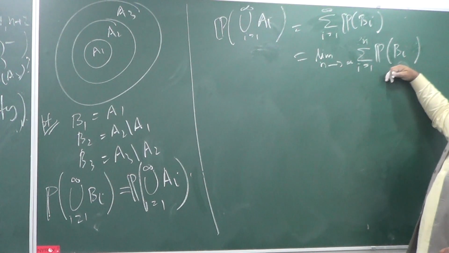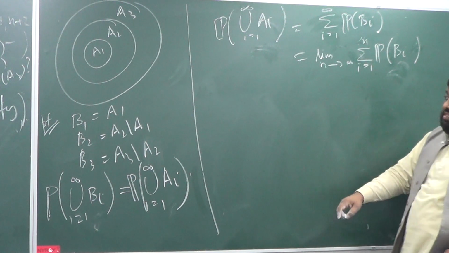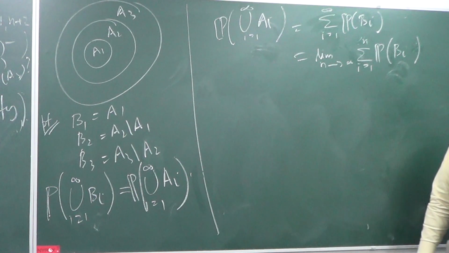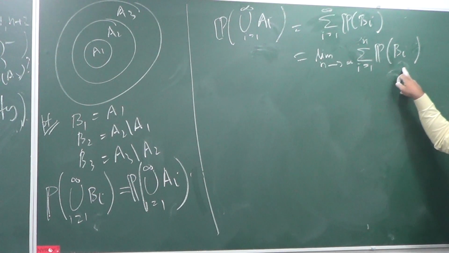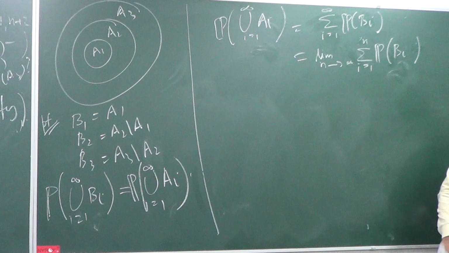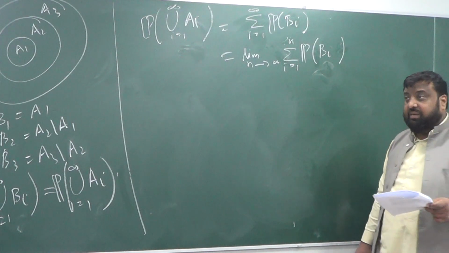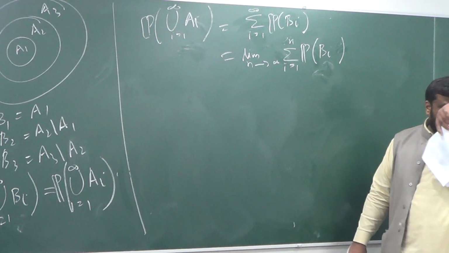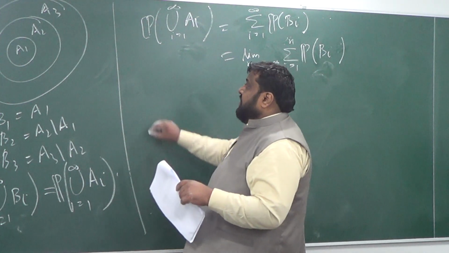You're gonna get a telescopic sum actually, in which everything will go away except the AN actually. The first one, A1, will cancel. Anyway, put BI here and think about this sum actually what you're gonna get. So nothing will remain except AN. Is it making sense? Good.